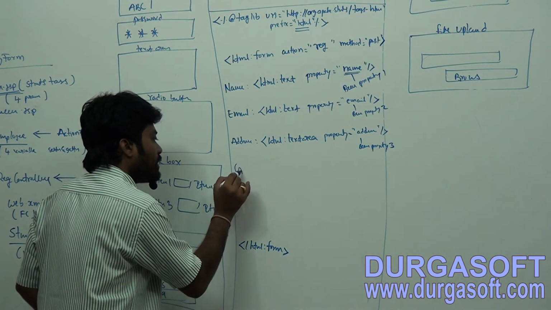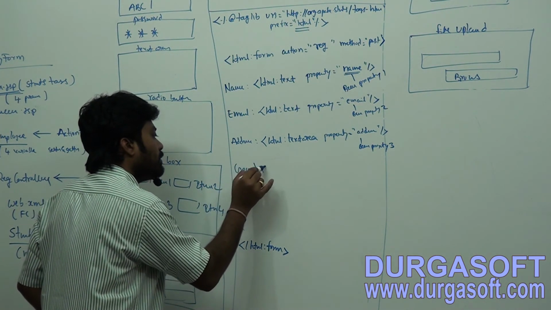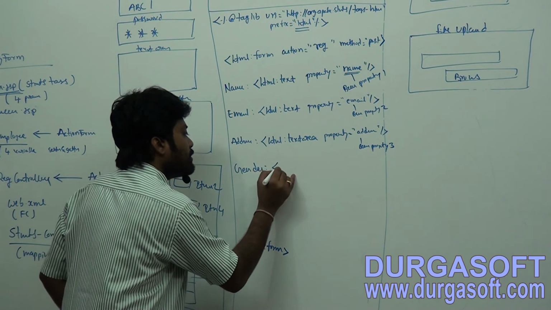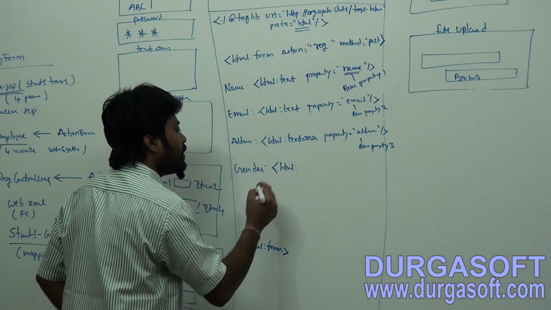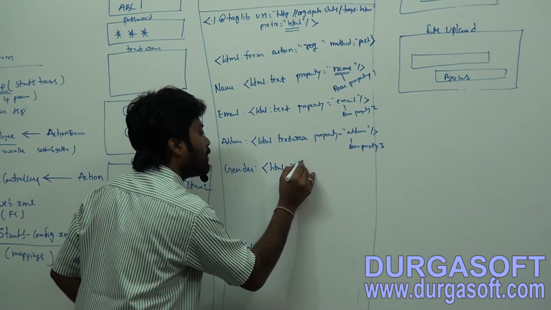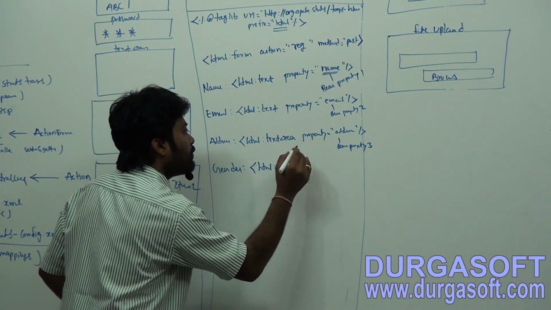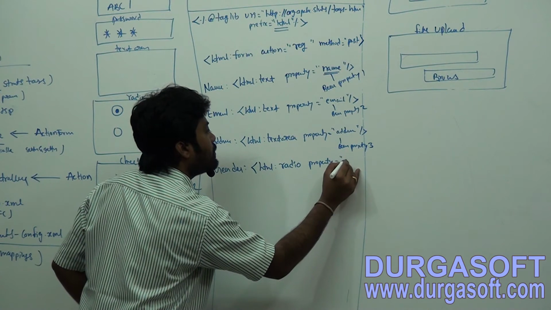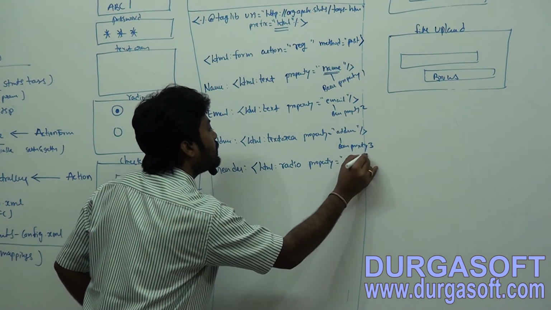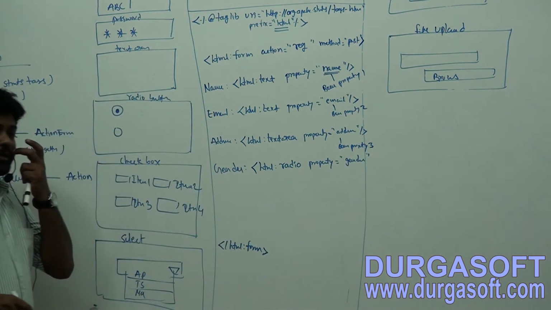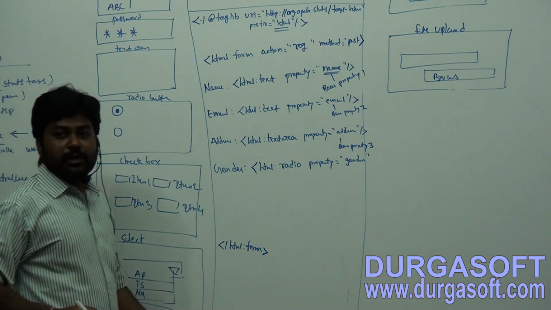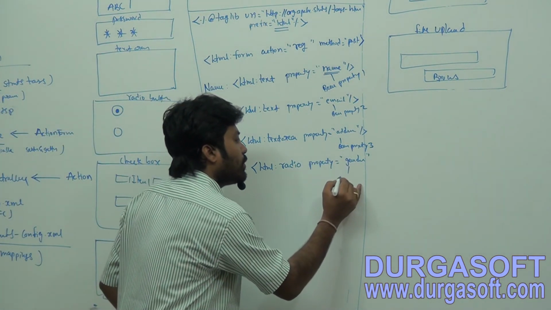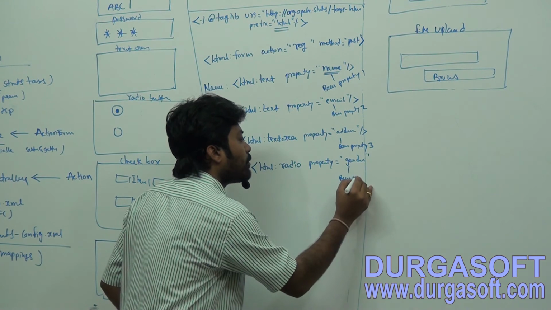And if you require gender, here we need to use radio buttons: html:radio property gender, and this gender is also your bean property. You need to maintain the bean property.